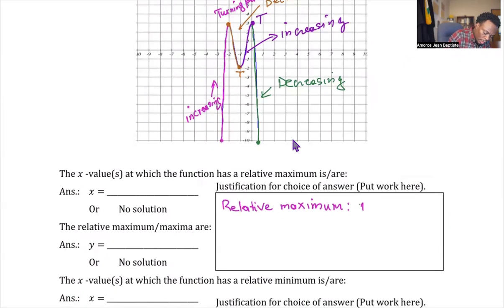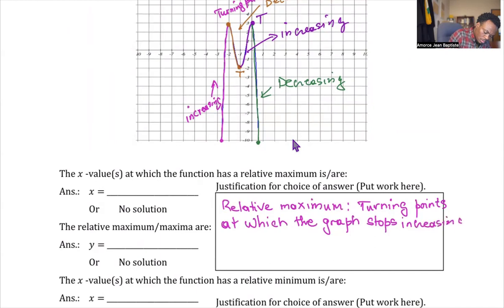These are the turning points at which the graph stops increasing to start decreasing.